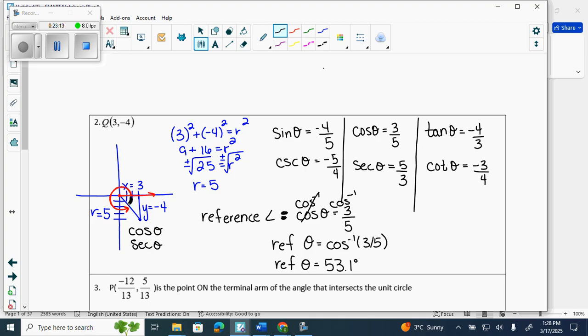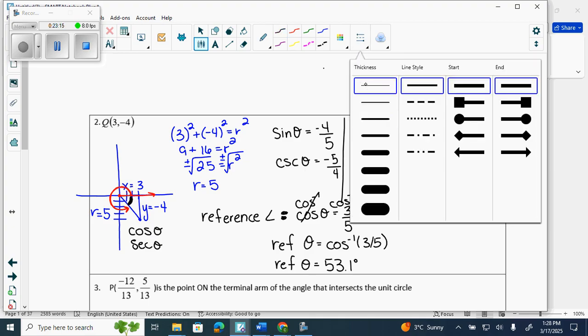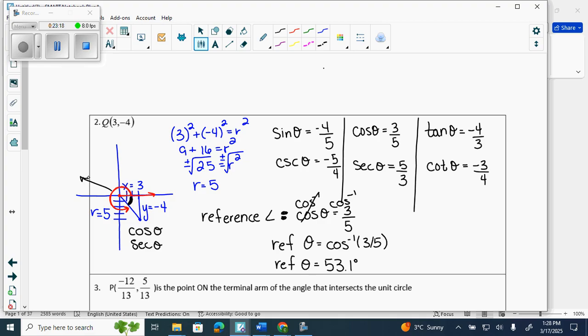So to get the red angle, theta equals 360 degrees minus 53.1 degrees. I should get 306.9. So that's the actual angle.